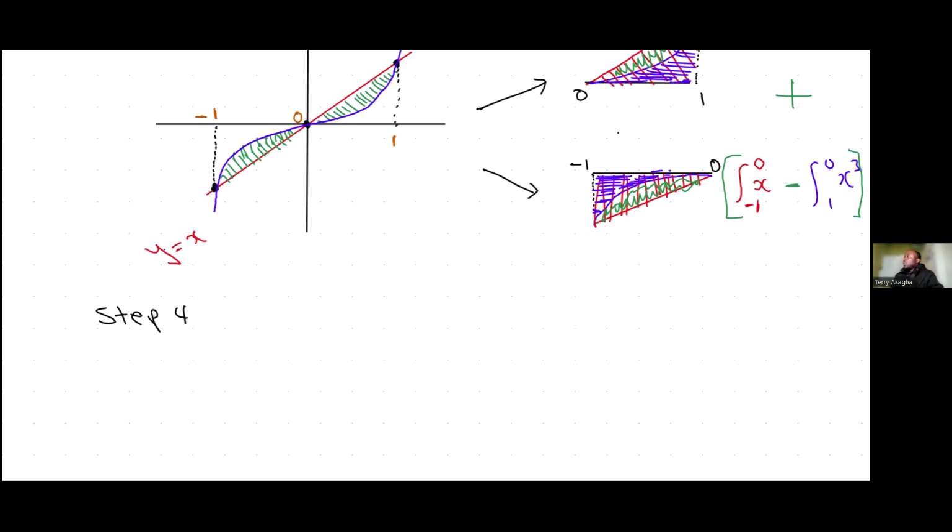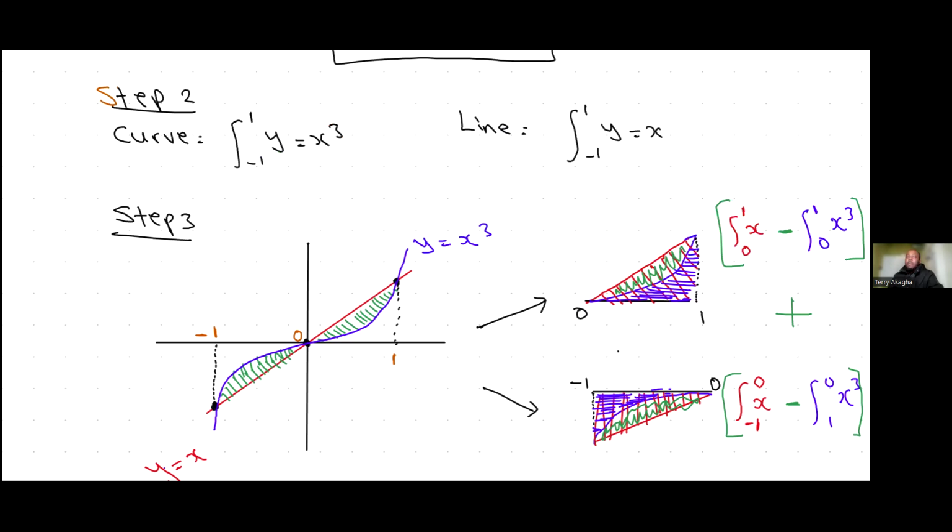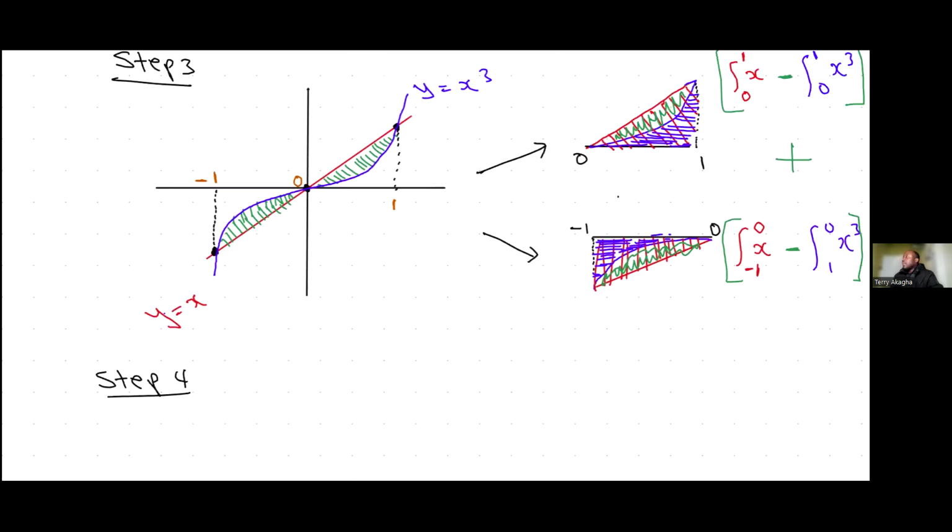What we're going to do, I'm going to break it up. I'm going to first solve the first part here, between 0 and 1. Then I'm going to solve the 0 and -1 section separately. All right, so let's start with 0 and 1.